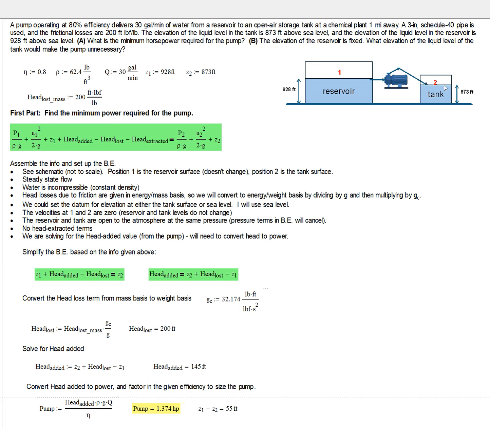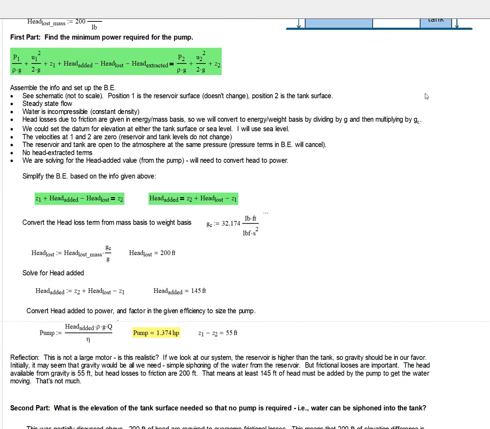If this tank surface could be lowered to 728 feet, then water would be able to just start flowing. So 727.9 feet. Water would start flowing just by the force of gravity from the reservoir to the tank.